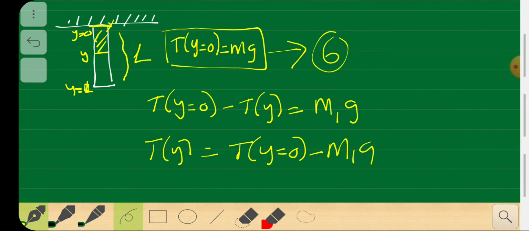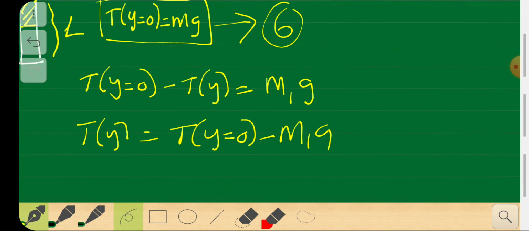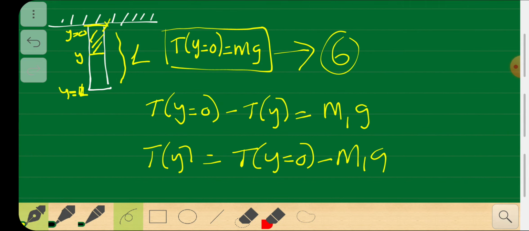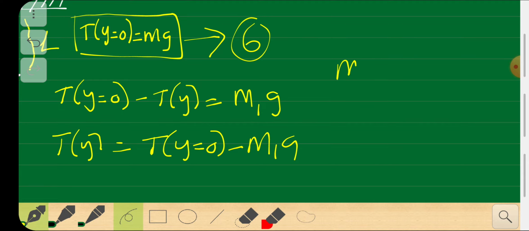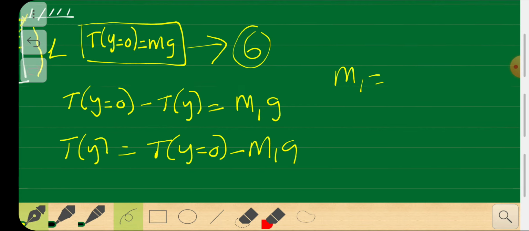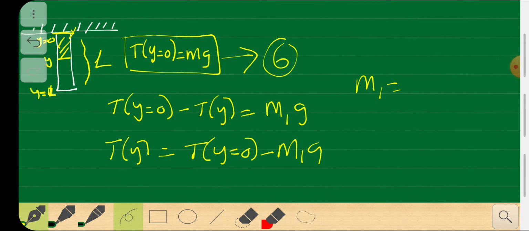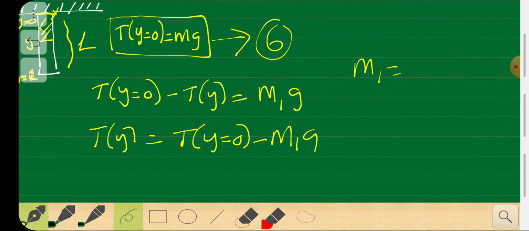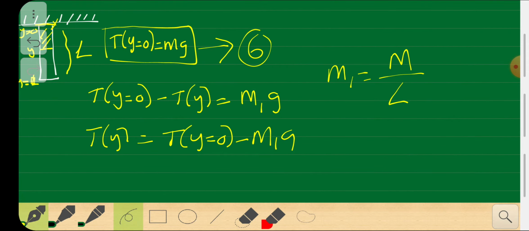Let's keep that equation, and I need to find out what m1 is. As we did earlier, m1 will be the total mass, which is m, divided by the length, which is L, times the fraction of that length, which is y. So m1 will be m by L times y, okay.